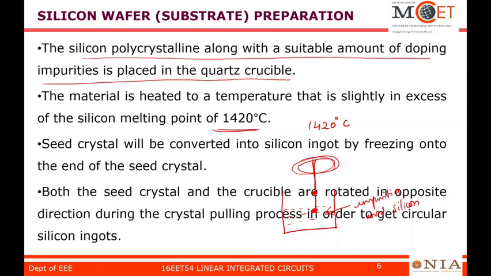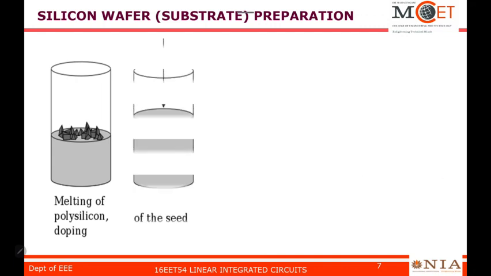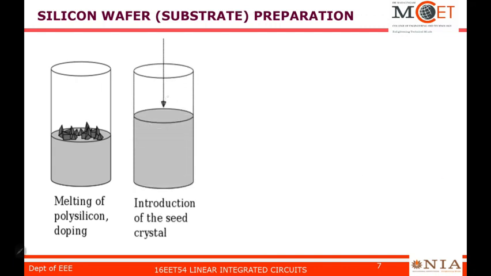Both the crystal and the crucible are rotated in opposite directions during the crystal pulling process in order to get circular silicon ingots. So to get circular ingots we do it like this. This is molten silicon, polysilicon, doping, introduction of the seed, a very pure crystal, pure silicon.